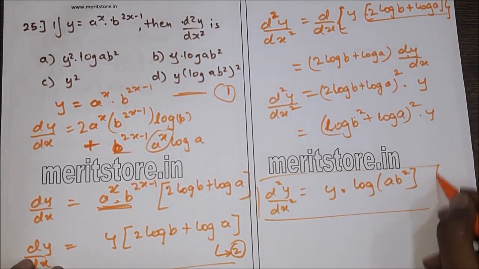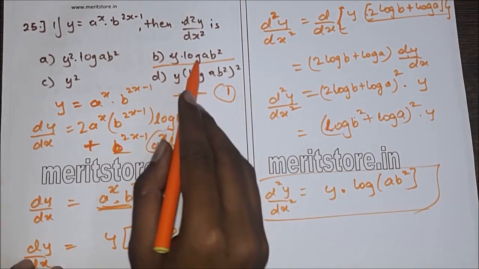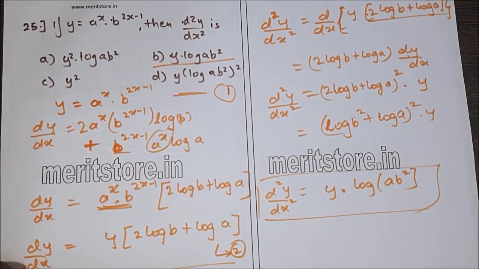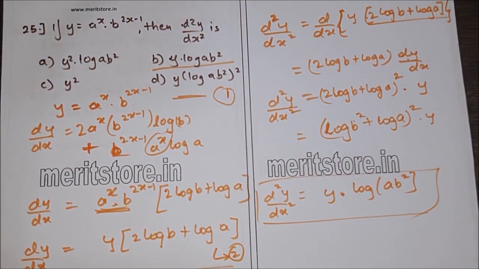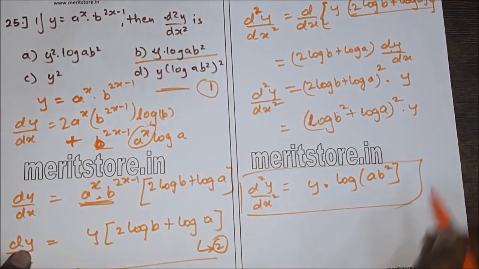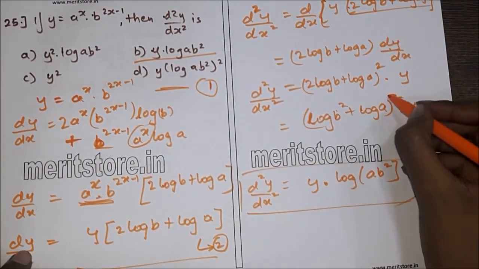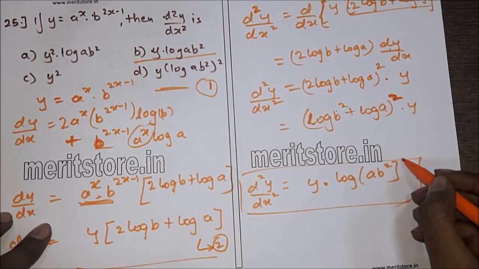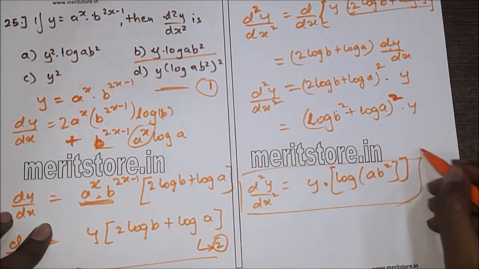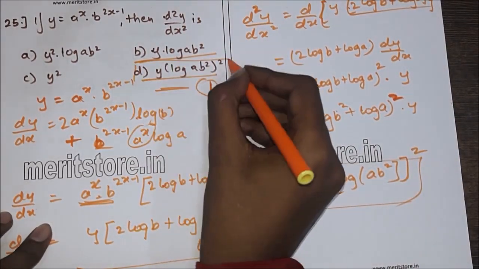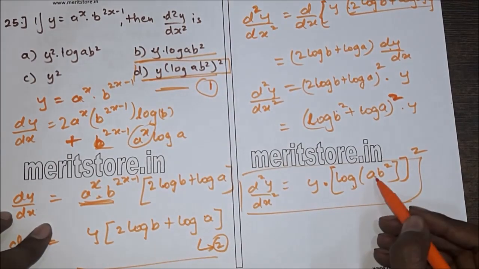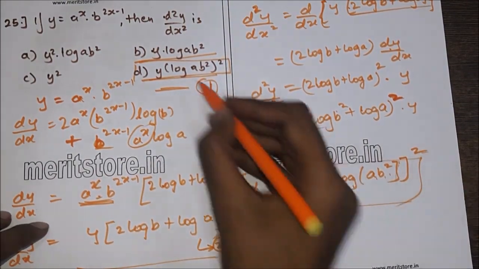So this is option B. Correction here, we forgot the square, so this is the whole square. So the answer is D, y into log of a b square the whole square.